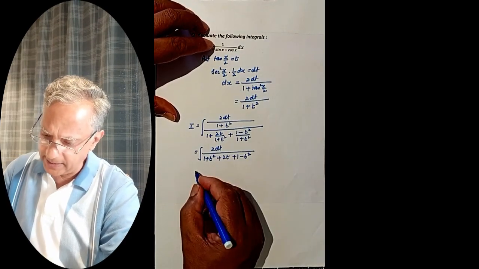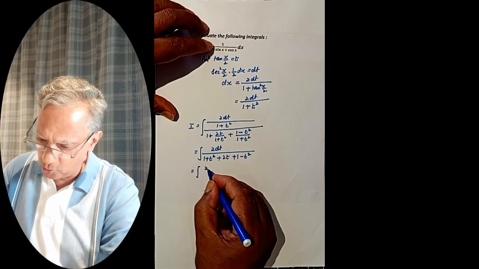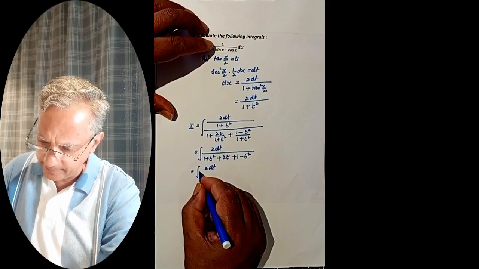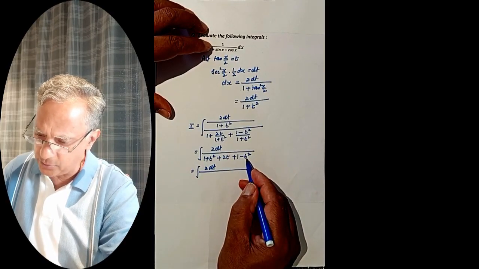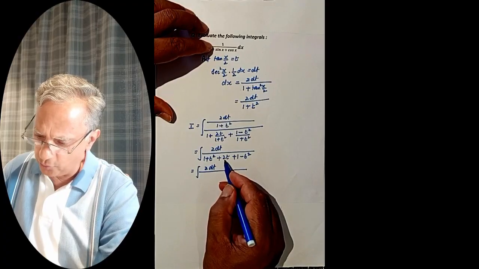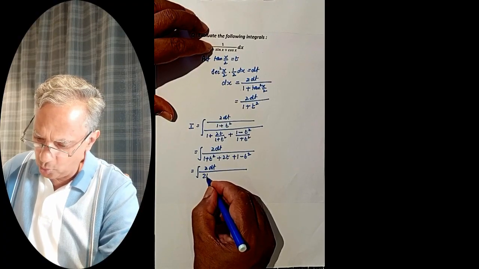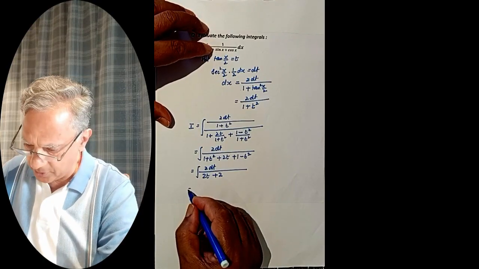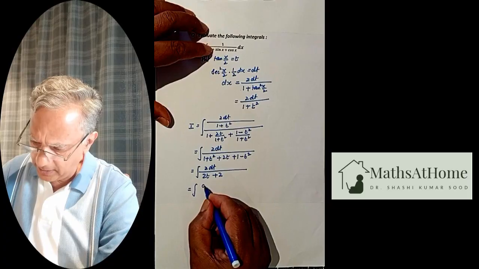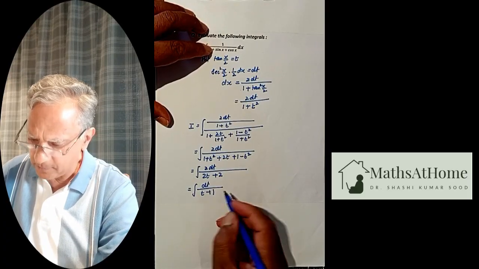And this can be written as integral 2 dt over, now t square cancels with t square. So we are left with 2t plus 2. And this is equal to integral dt over t plus 1.